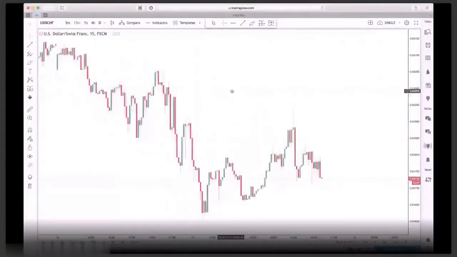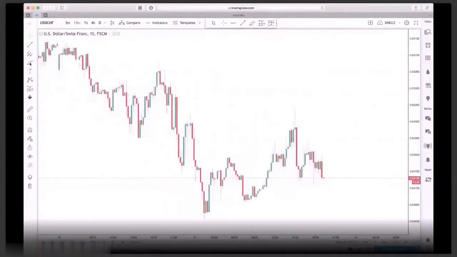Now, if you take a look at this area here, I'm going to draw a circle on it. Prices reacted from here and they dropped. I'm going to put my line further across.